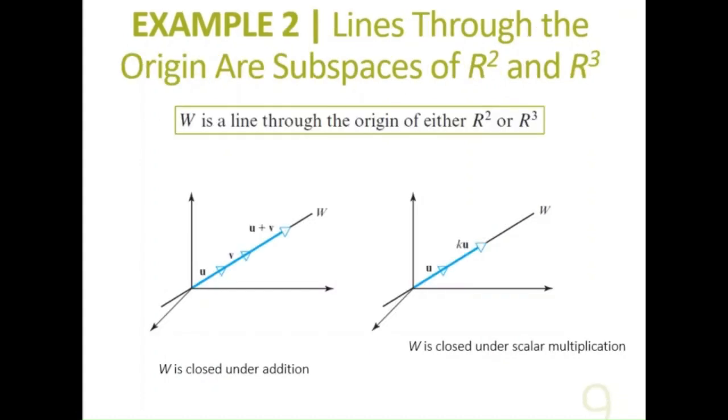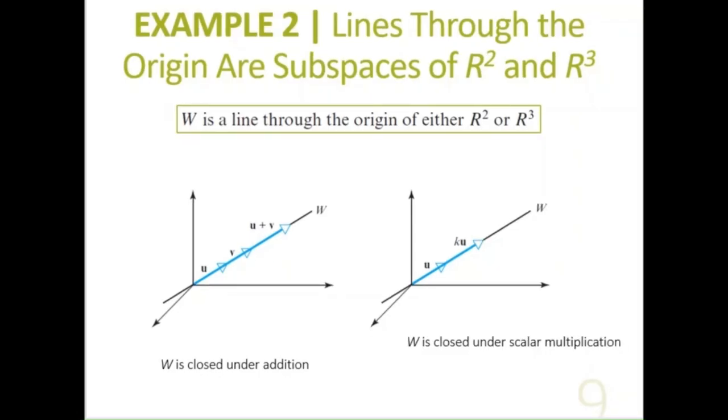I like example 2 because I think it's good in helping to visualize things. In example 2, W is a line through the origin of either R2 or R3. In this first picture, we have this line W, and if we add any two vectors u and v along W, it produces another vector u plus v that's also on W. So we would say that W is closed under addition, or axiom 1.